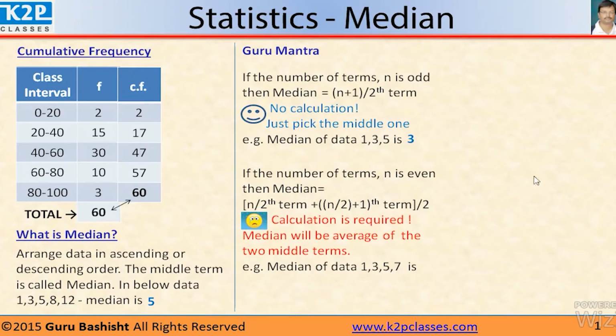Like the median of data 1, 3, 5, 7. Here it is an even number. There are 4 data. So the median would be the average of the middle two. That is 3 plus 5, 8, by 2, 4. So the median is 4.